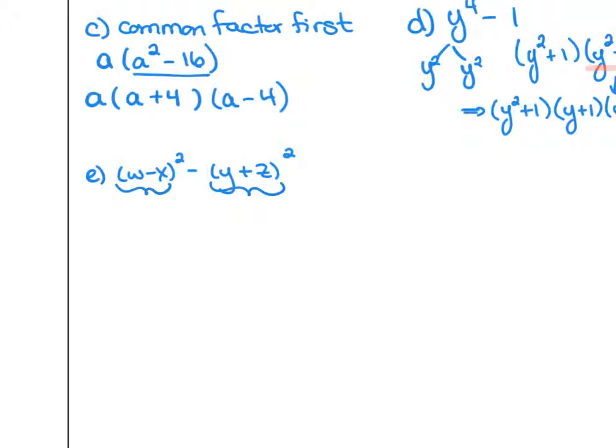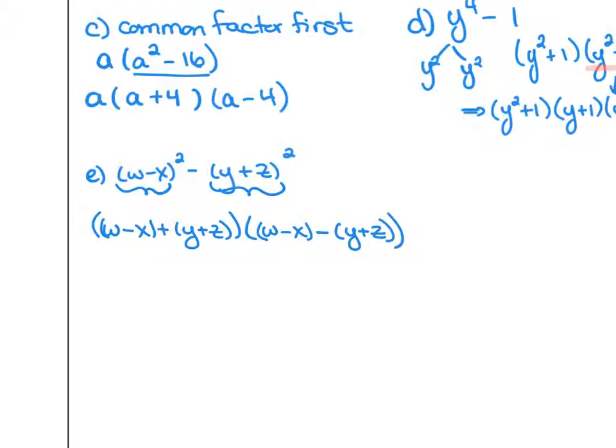So kind of keep it together. And so what happens is you're going to get w minus x plus y plus z. And that's one of the terms. And the other term is w minus x minus y plus z.